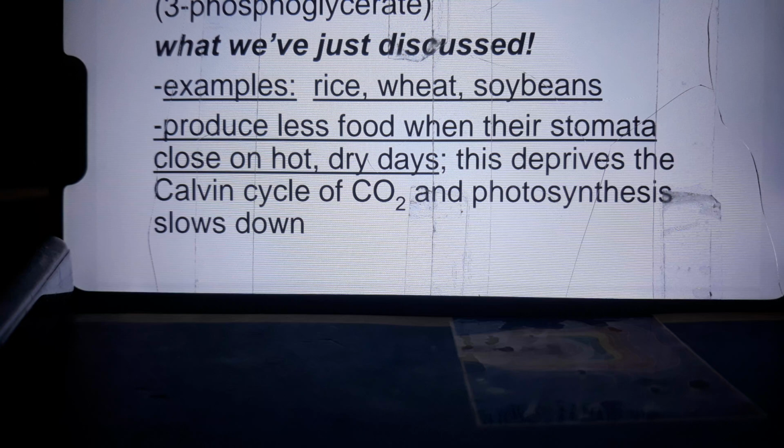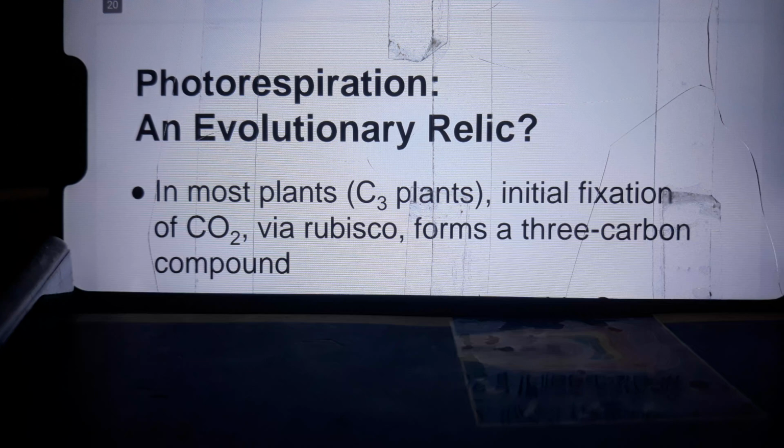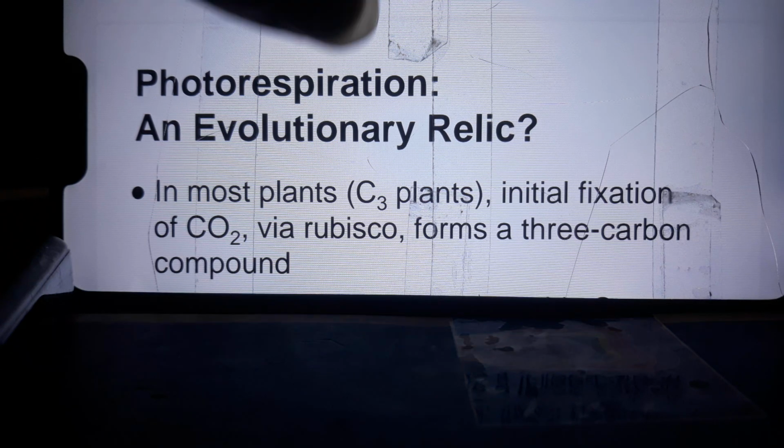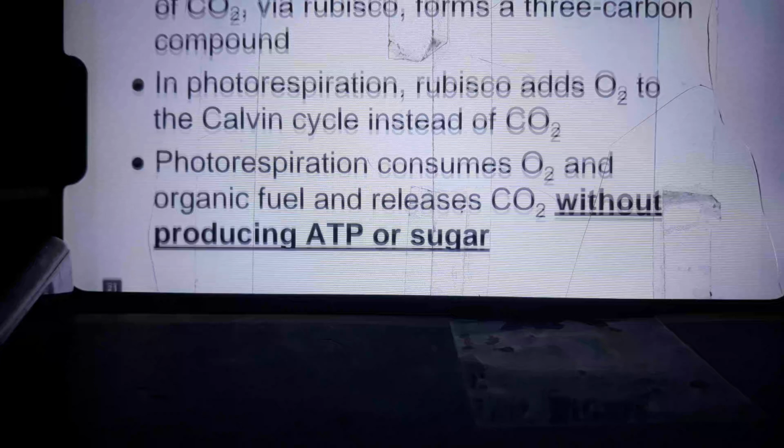Examples are rice, wheat, and soybeans, which produce less food when the stomata close on hot, dry days. This deprives the carbon cycle of carbon dioxide and photosynthesis slows down. Photorespiration, an evolutionary relic. In most plants, C3 plants, initial fixation of carbon dioxide via Rubisco forms a 3-carbon compound.